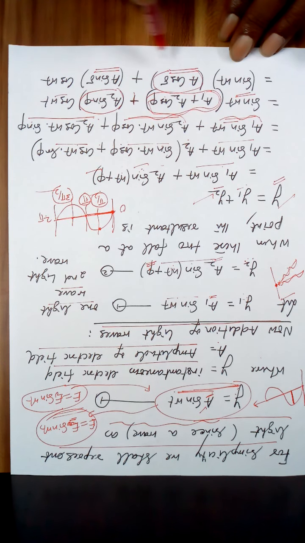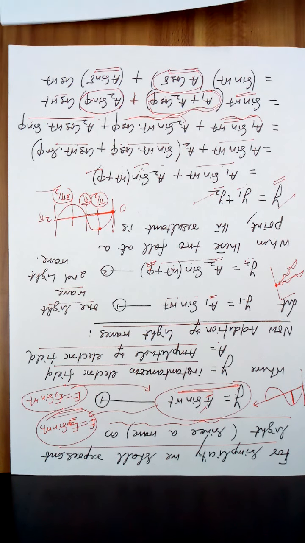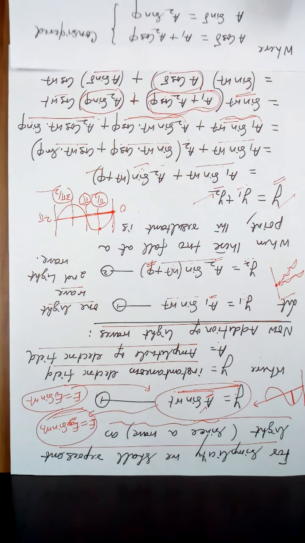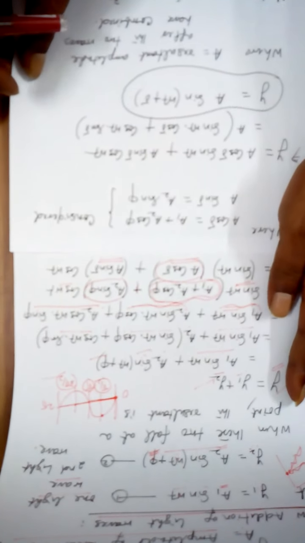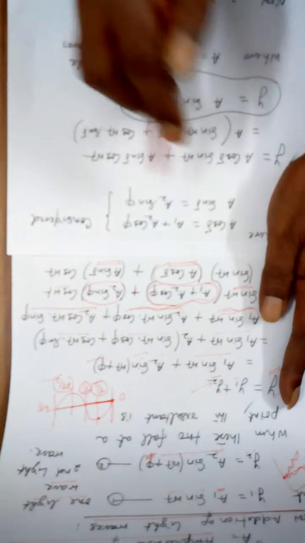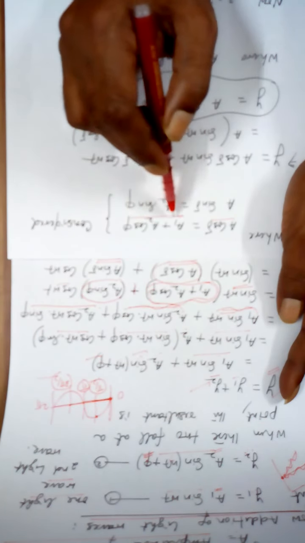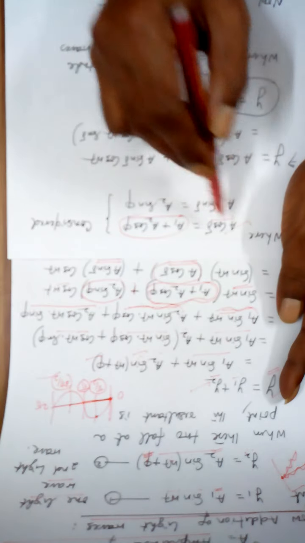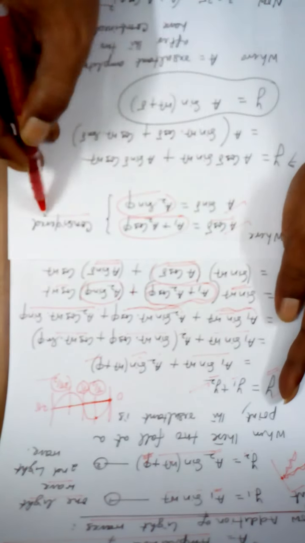That we'll find out. Let us substitute. By doing this substitution, A cos delta t is replaced by a1 plus a2 cos phi, and a sin delta t is replaced by a2 sin phi.